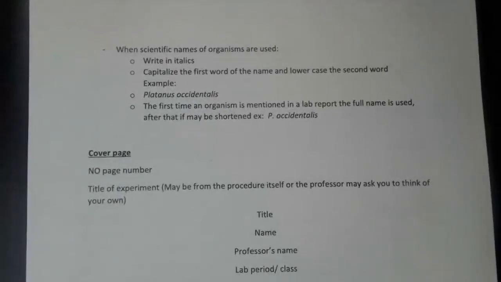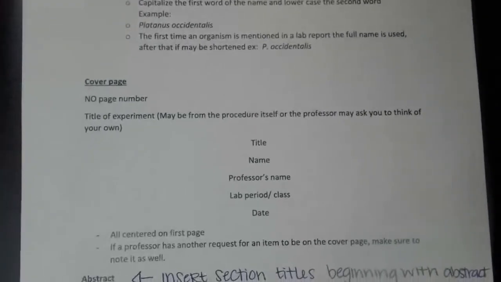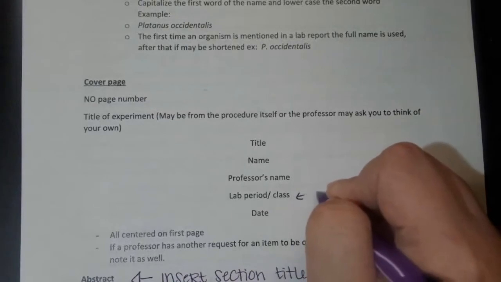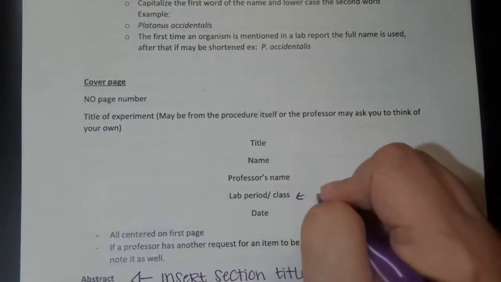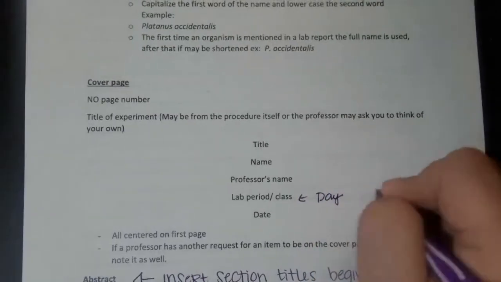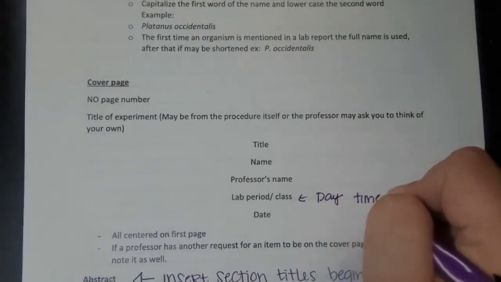All right, so the rest of this is broken down by section and what is expected to be included in each. Cover page, straightforward. This lab period class is looking for the day and the time.